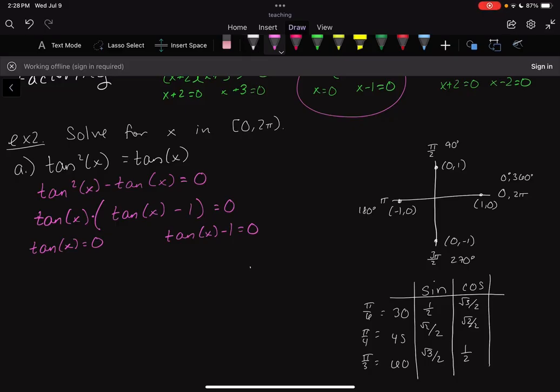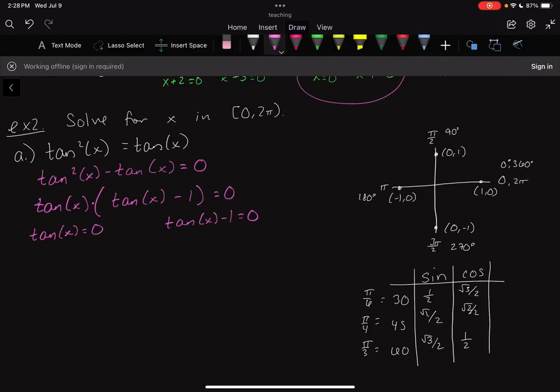Okay, so over here, tangent x equals 0. I'm looking for where tangent is going to equal 0. Remember that tangent is sine over cosine, or y over x. So if I do tangent on this graph right here, I would have 0 over 1, so 0.